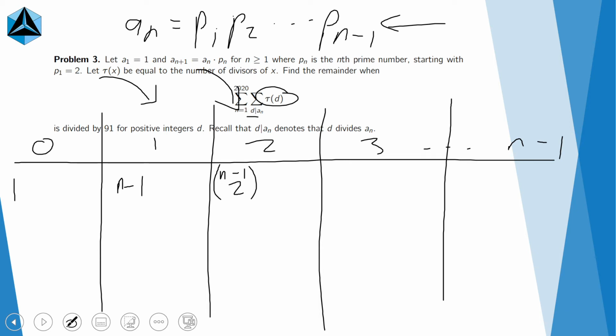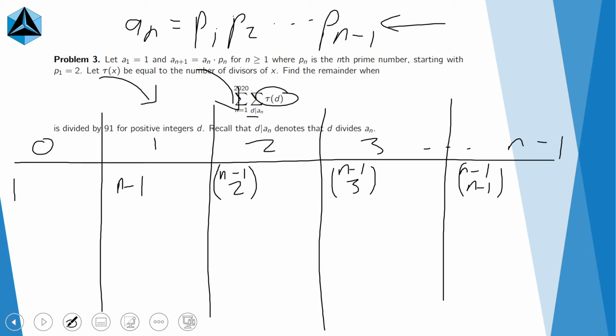That's interesting. If we keep going, we'll realize that this is the case for group 3 too. We're going to have n minus 1 choose 3. Going all the way to the end, by our pattern we get n minus 1 choose n minus 1.